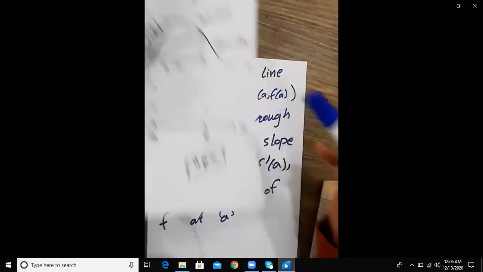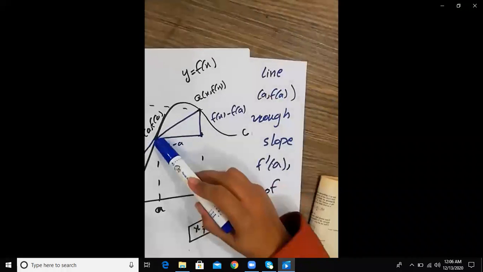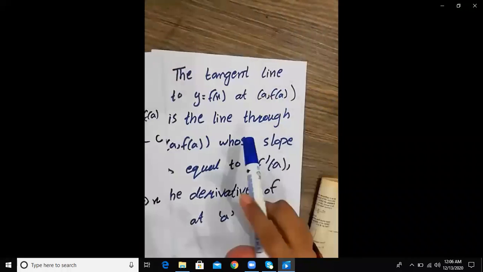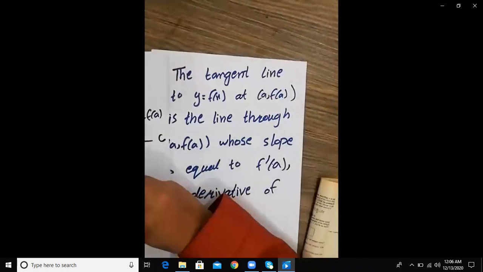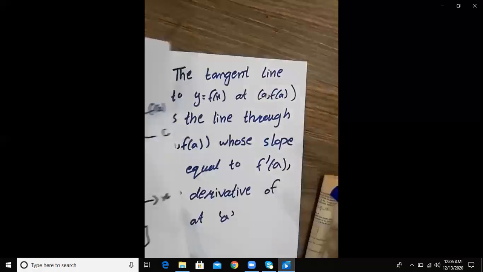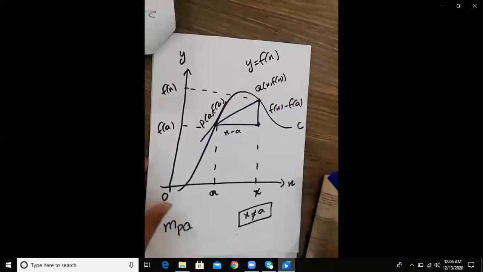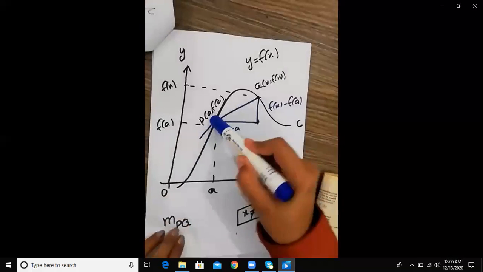This is y is equal to f of x, and this is the point A, f of A. Then the line through point P, A, f of A, this is the point P whose slope is equal to f prime of A.